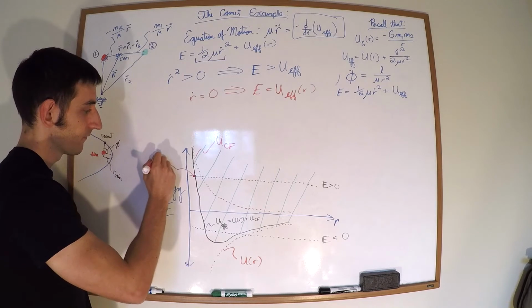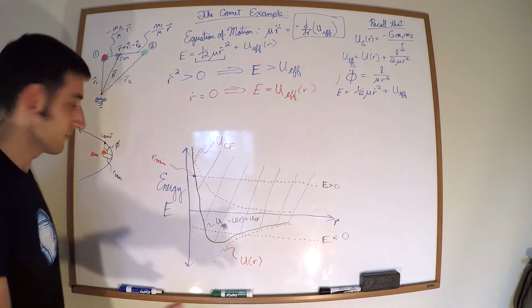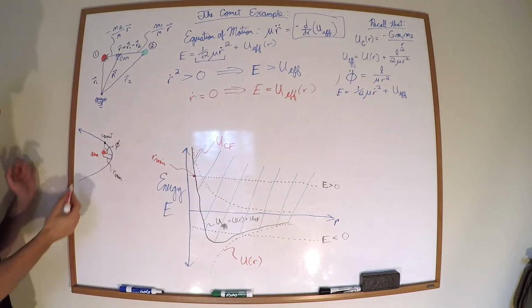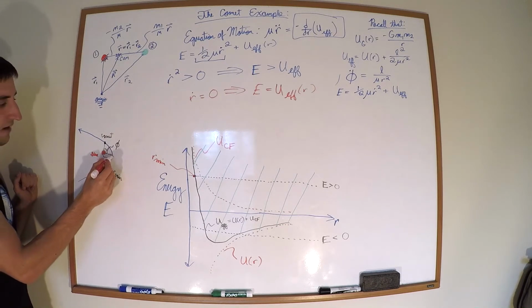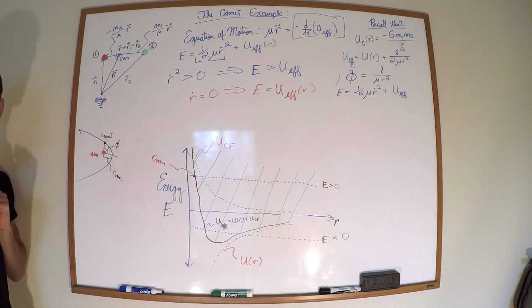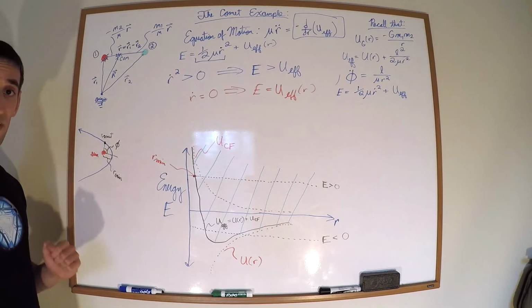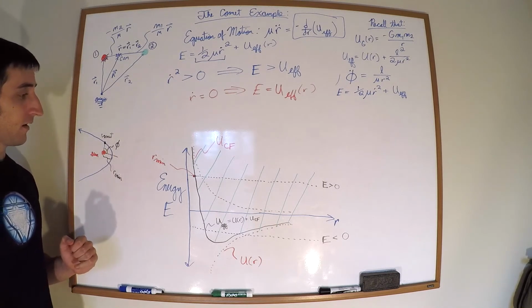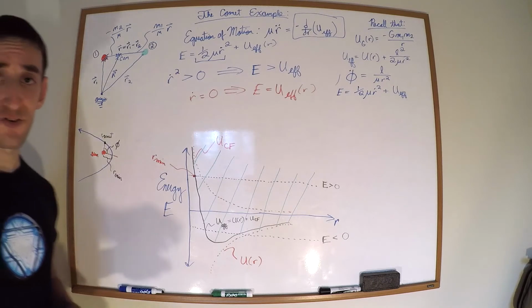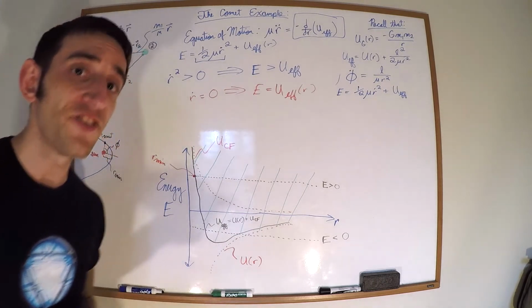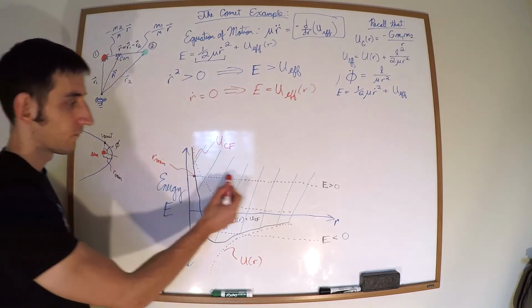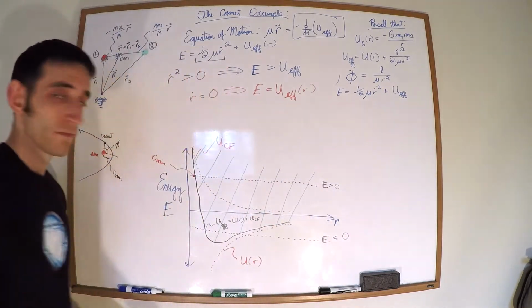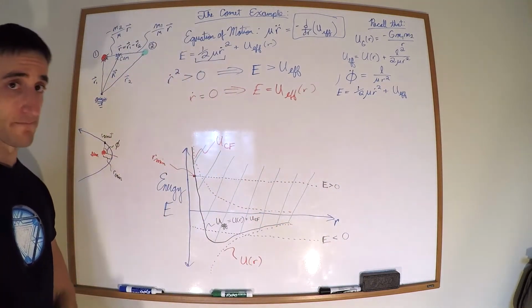This is the minimum radius. We look at this plot here, and you see the comet's going to come in, and it's going to have a minimum radius right there. That's what it is. But then we find something interesting. If the energy is sufficient, the next bound is infinity.